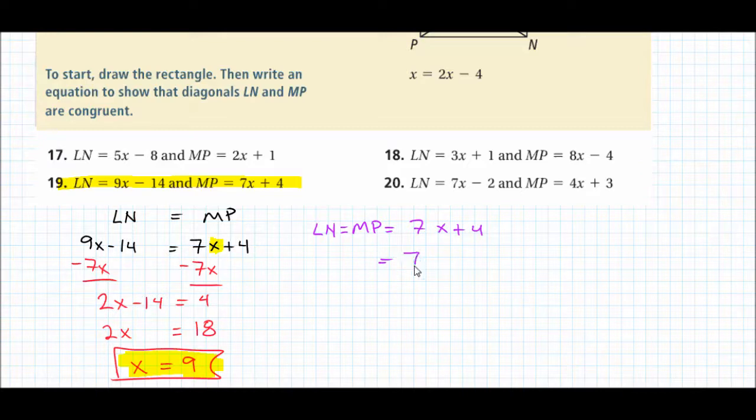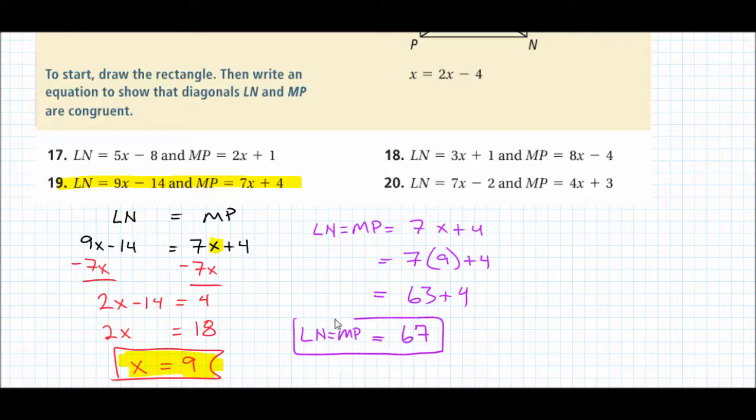So let's plug in our x value of 9. So it's 7 times 9 plus 4. That'd be 63 plus 4, which would be 67. So LN equals MP equals 67, and our x value is 9. Number 20.